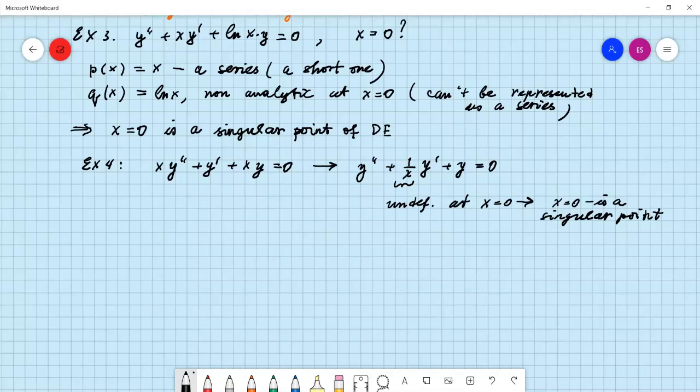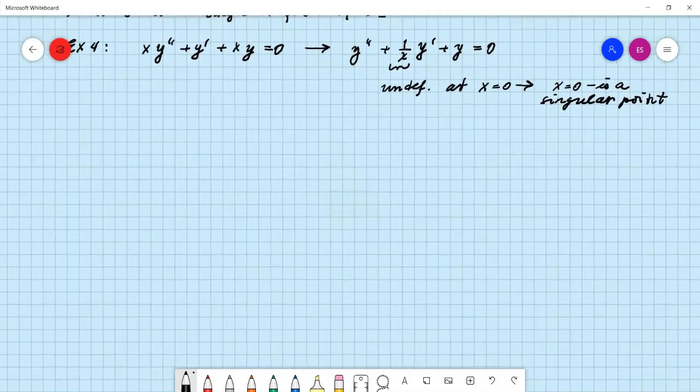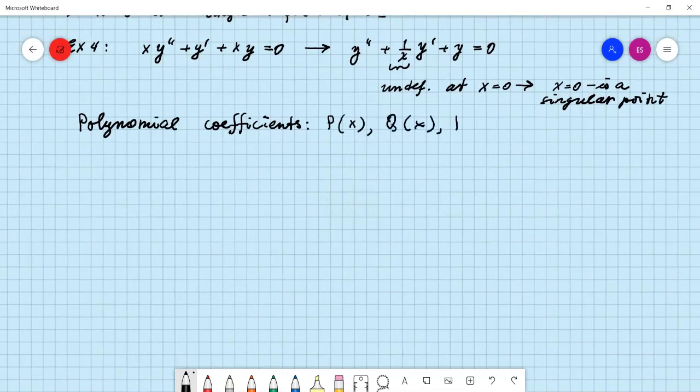Okay, now we are going to move to polynomial coefficients. For polynomial coefficients, we are going to have a very nice theorem. I'm going to write them down as P of x, Q of x, and R of x.